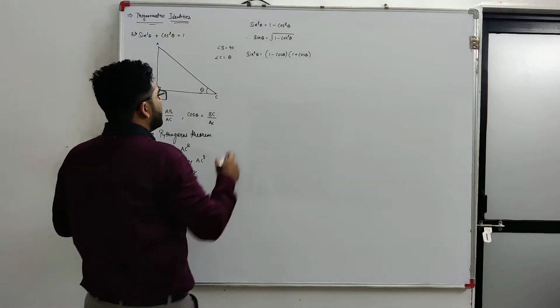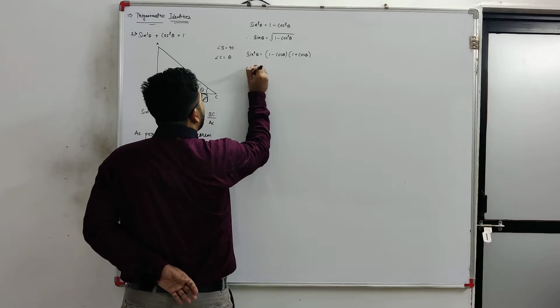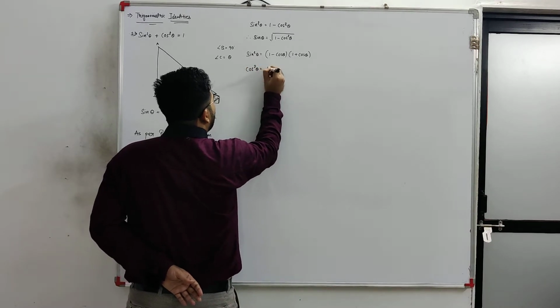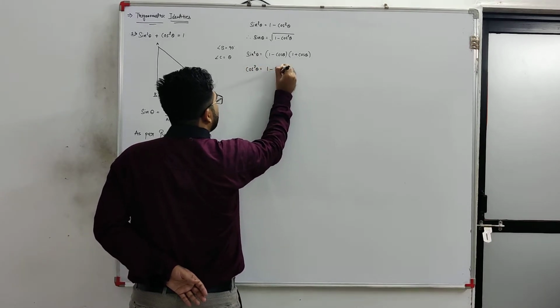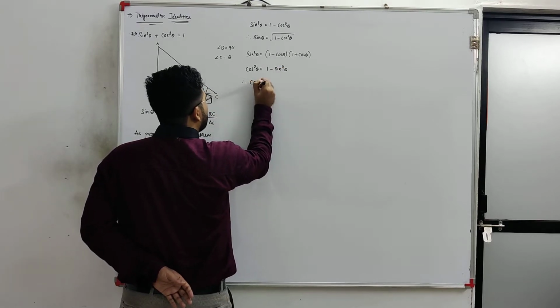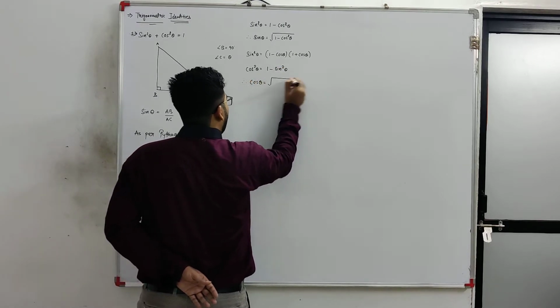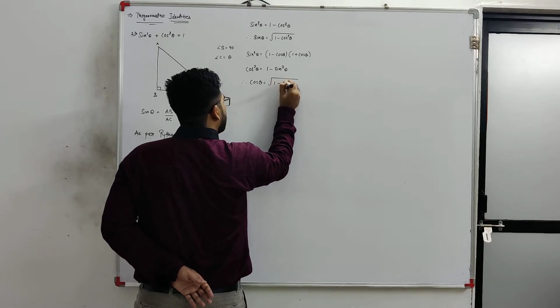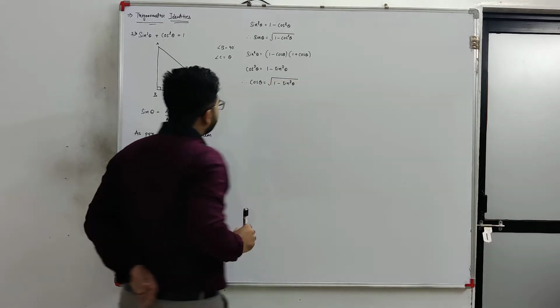I can change it into another form also, that is cos square theta is equal to 1 minus sine square theta. Therefore I can write cos theta is equal to under root of 1 minus sine square theta.